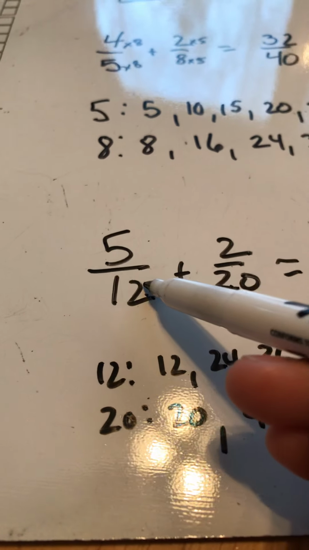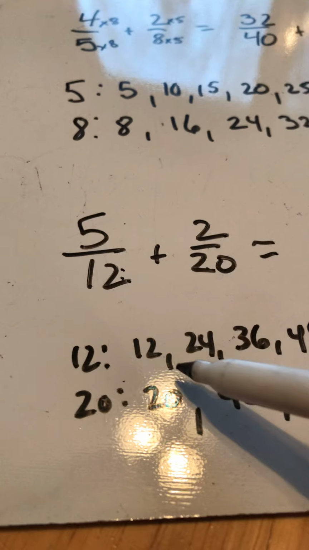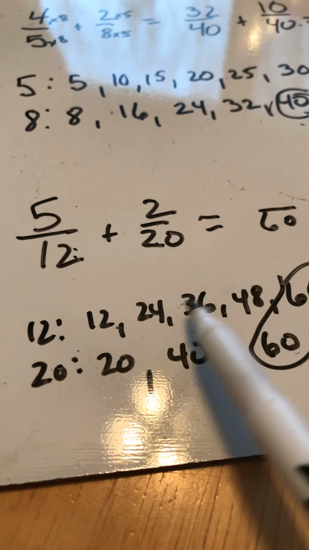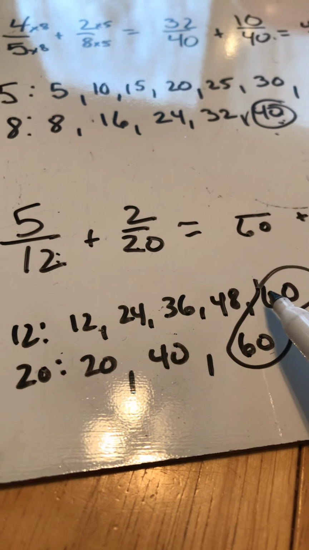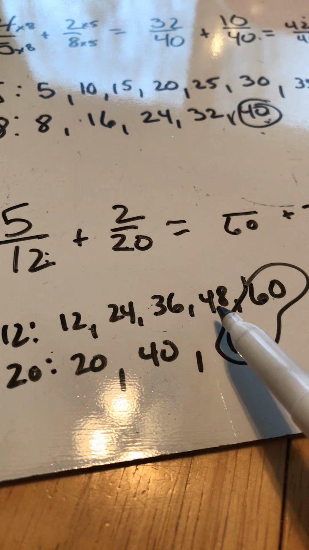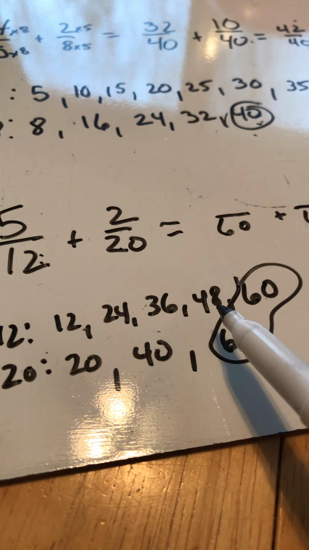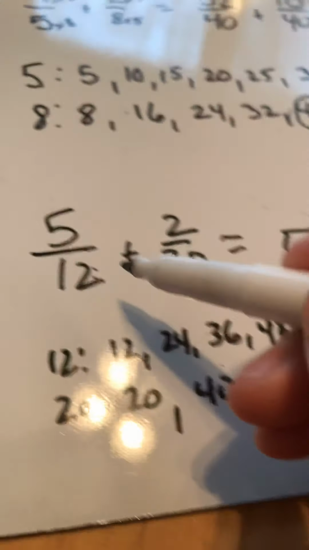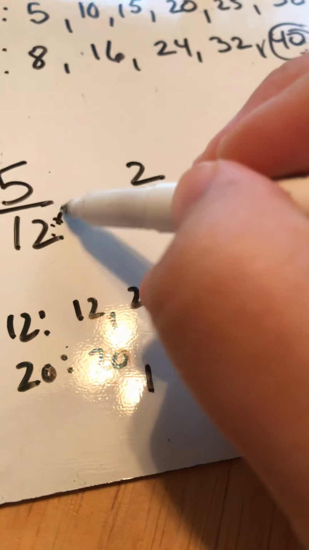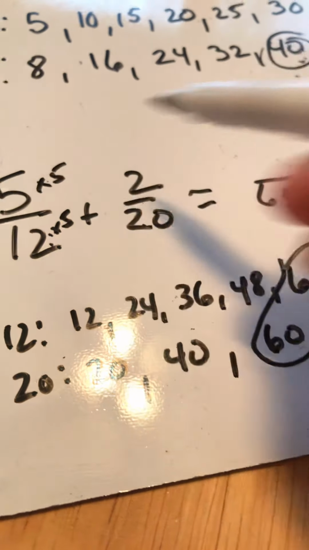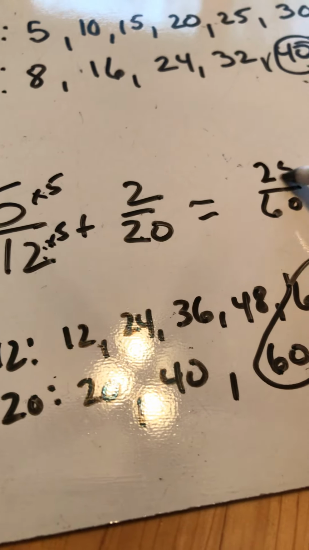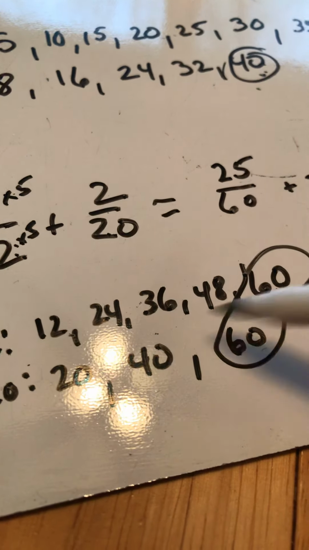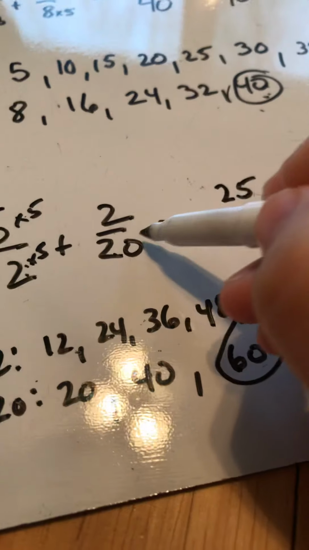And I come back over here. What times 12 equals 60? Well, I did this work here. I could just count, 1, 2, 3, 4, five. There we go. Sorry, it's a little early in the morning. And then 5 times 5 is 25. And then what times 20 equals 60? Again, I could just count here. There's 3.